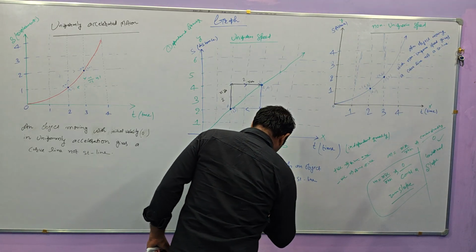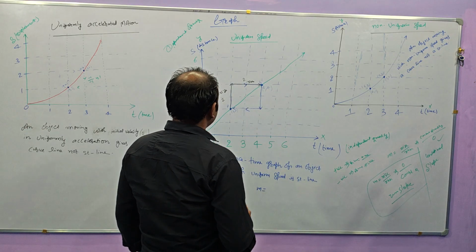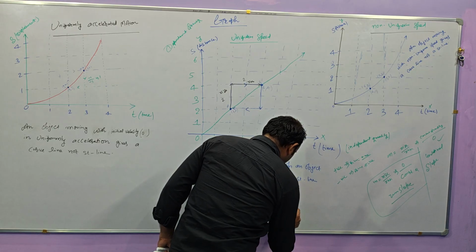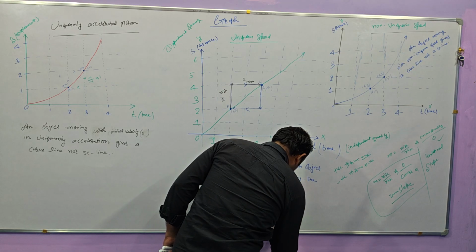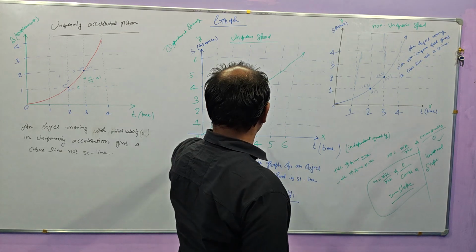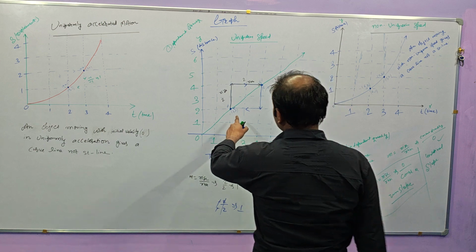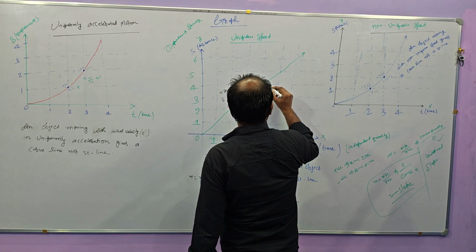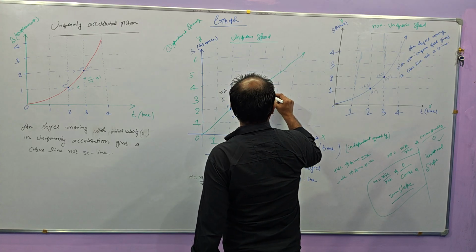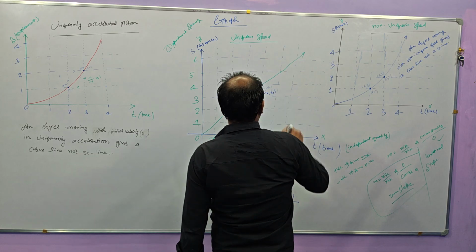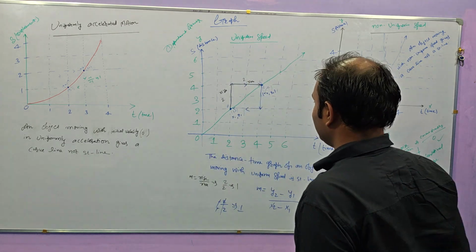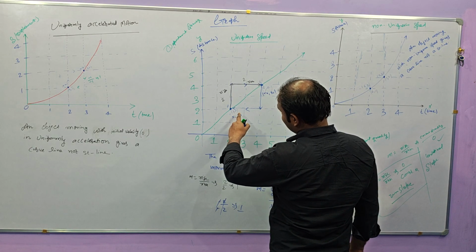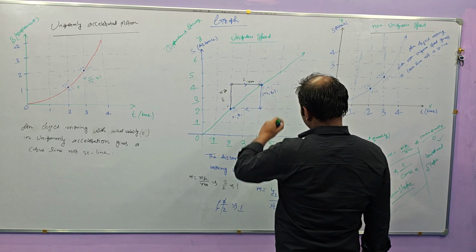Otherwise, on a coordinate basis, m is equal to y2 minus y1 upon x2 minus x1. We have coordinates x1 y1 and x2 y2, where x1 is 2, y1 is 2, x2 is 4, y2 is 4.